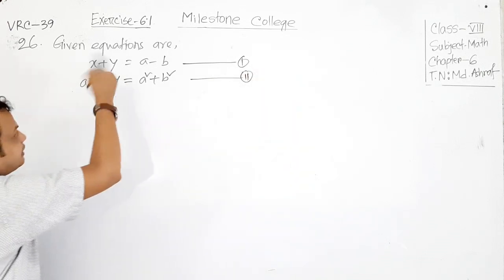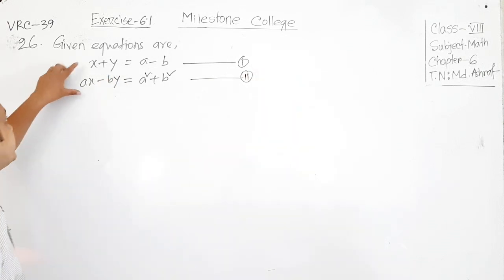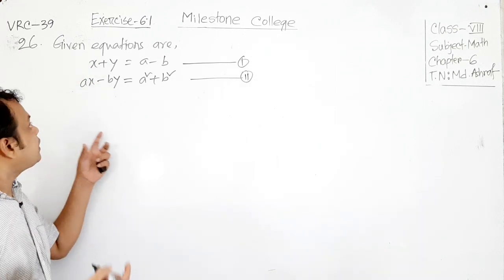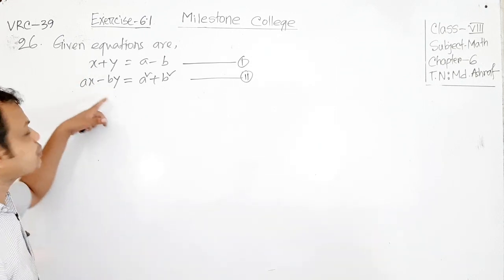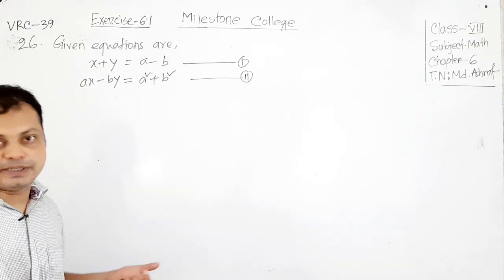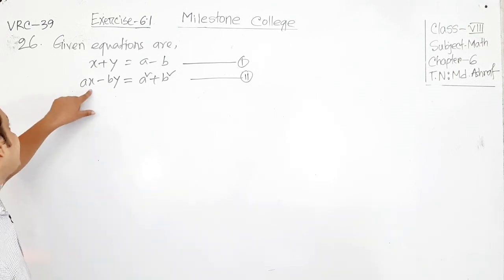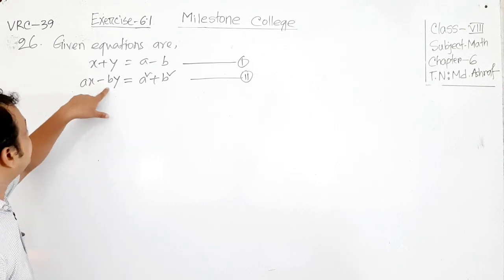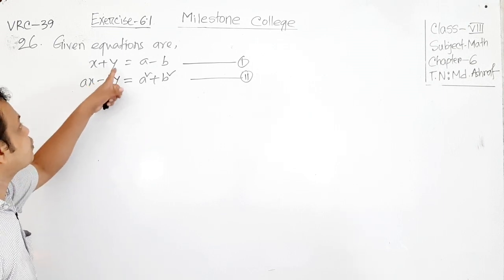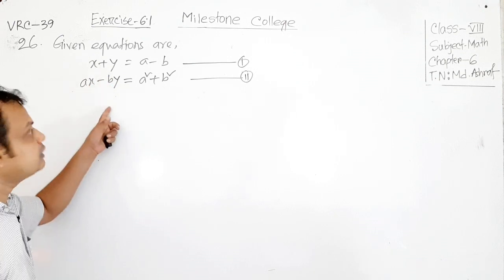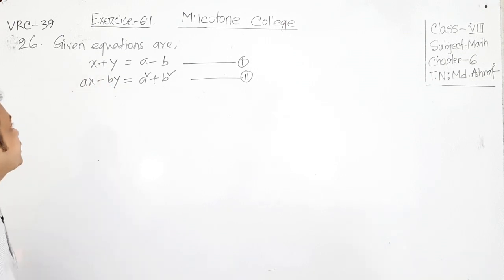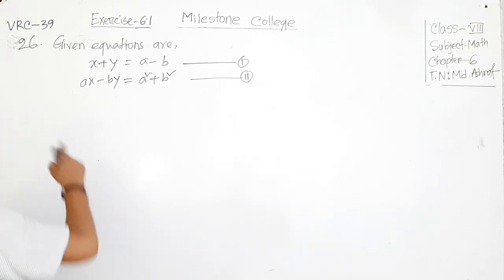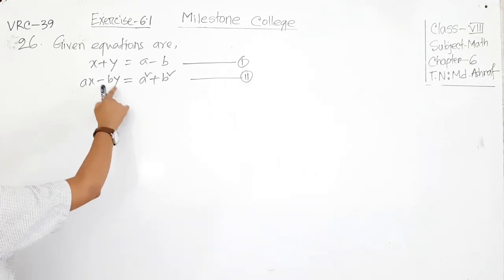We can eliminate the x related term or the y related term. It's our wish which one we want to eliminate. If we want to eliminate x, then we have to multiply by a. If we want to eliminate y, then we have to multiply equation 1 by b, then it will be the same, and then we can add or subtract. Here I want to eliminate y.